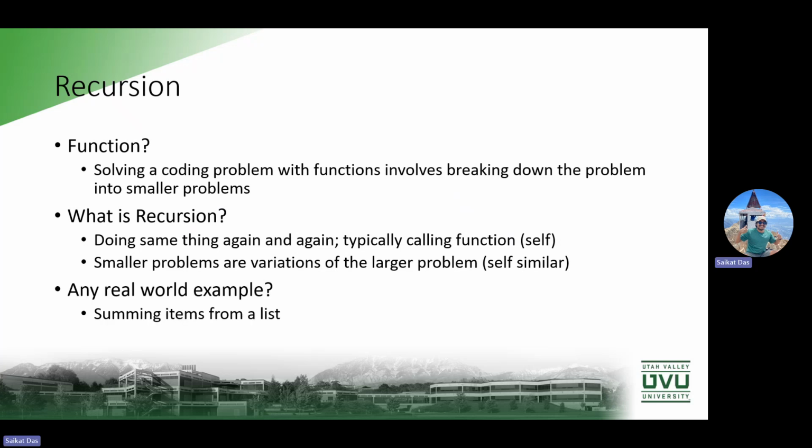A real world scenario: summing items from a list. If you're given a list and summing those items, what can you use? A sum function, right? Or you can use a loop to iterate over that list and add those items. And then if someone asks you, do not use any for loop, what can I do?